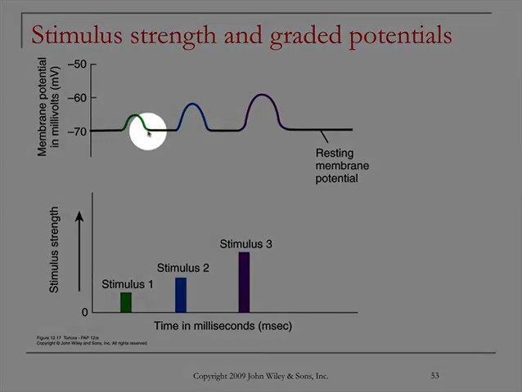You remember that we can determine this membrane potential by sticking a probe down into the neuron and measuring the amount of electrical charge on the inside of the cell. And so before the stimulation, the inside of the cell registered a negative 70 millivolts.